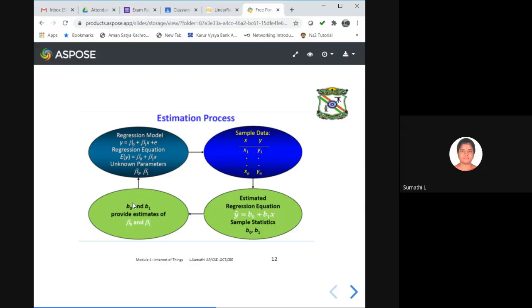Then I have to go for machine learning, where I have to find these parameters beta naught and beta 1. You call these the unknown parameter values, and I have to calculate them using this regression model, which is nothing but your straight line equation plus your error term.